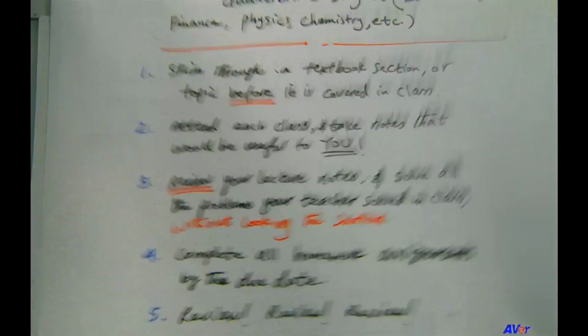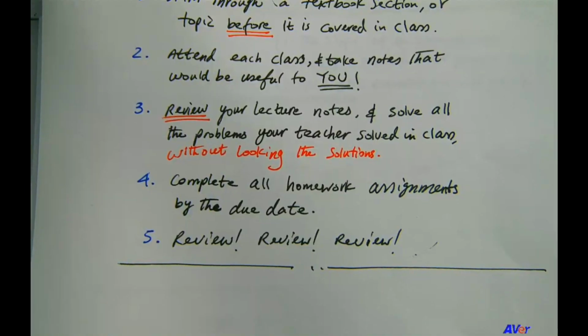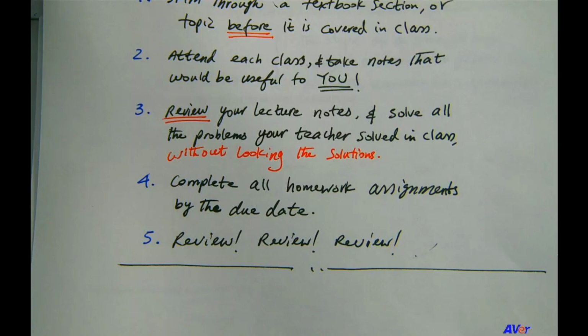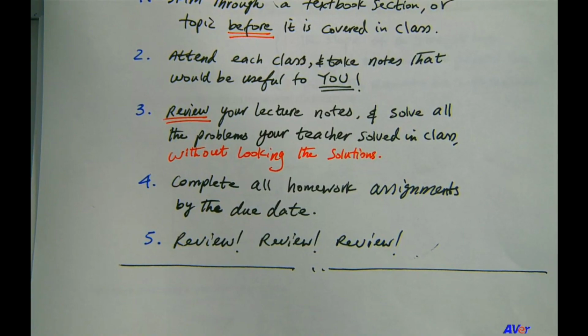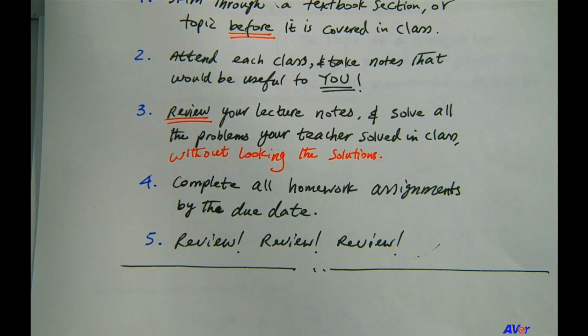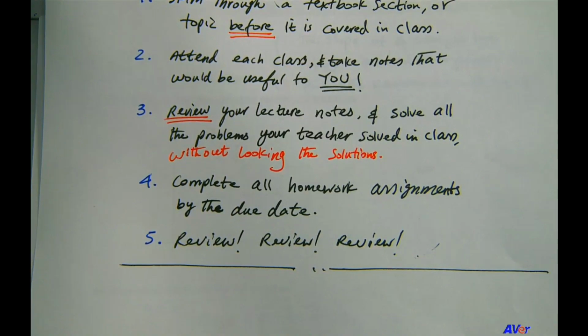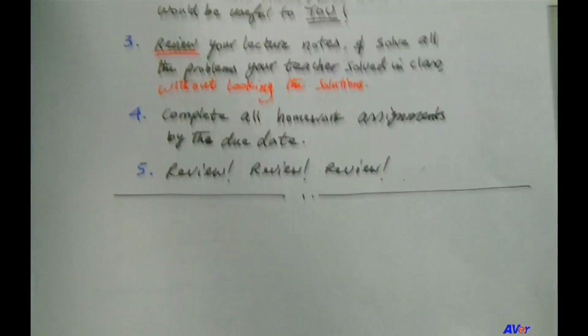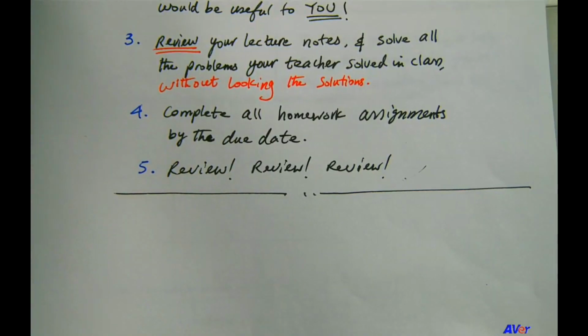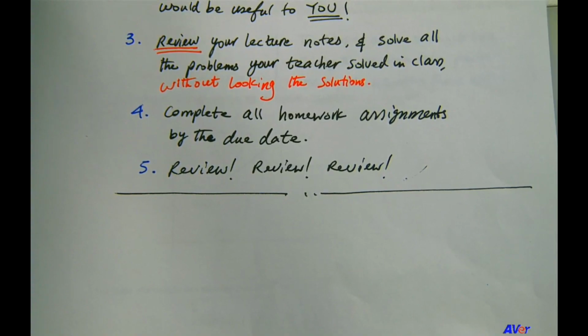That's item number 2. And then review your lecture notes while you solve all the problems that you saw me work on in class or in the video on your own before you see the solutions. And complete all the homework assignments by the due date, and then of course review as we go through the semester.